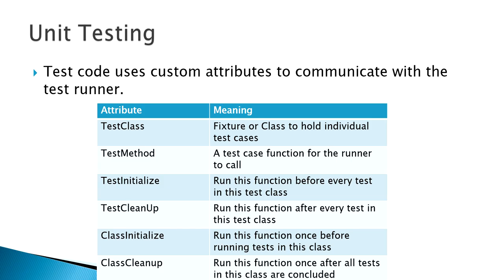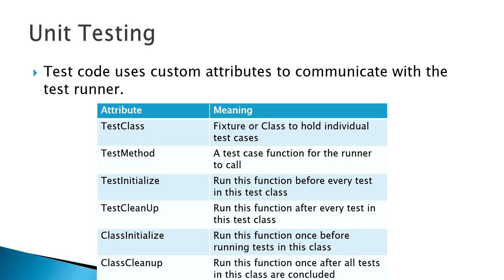Now, the attributes that we decorate our classes with in the unit testing framework can vary a little bit depending on whether you're using NUnit, XUnit, or MS Test. These ones are specifically the ones we use in MS Test that we're going to demonstrate today and use throughout the course, right? So the actual class will be decorated as a test class, and then each method technically is what we often refer to as an individual unit test.